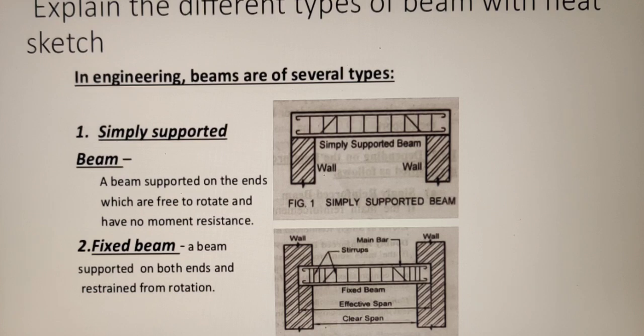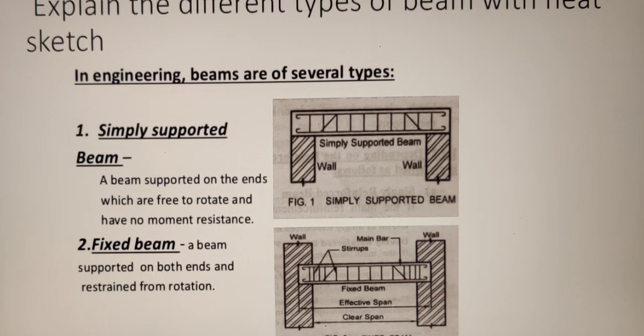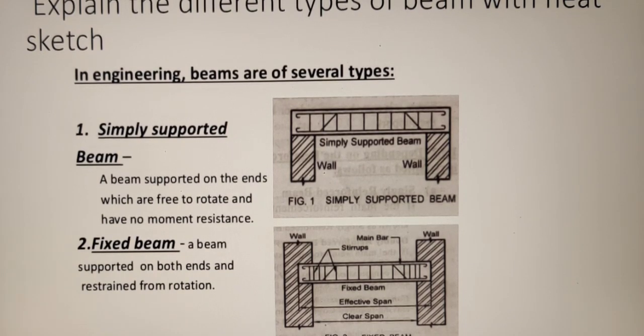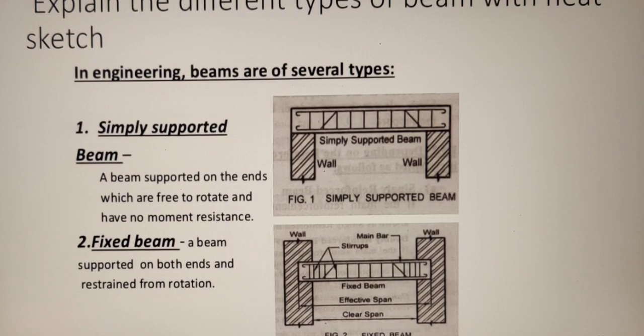Altogether there are 6 unknowns, and the available equations are only 3: sigma Fx is equal to 0, sigma M is equal to 0, and sigma Fy is equal to 0. So you cannot calculate all the 6 unknowns using these 3 equations. So we call it a statically indeterminate structure. There are different methods to analyze a statically indeterminate structure that you will be studying in your higher semesters.